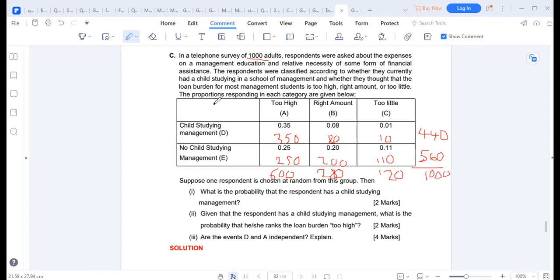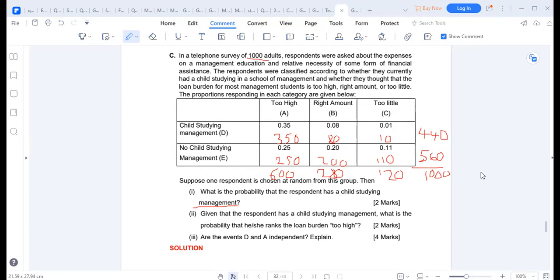Yes. Then the letters A, B, C, D, E. What is the probability that the respondent is studying management? Management is D. Whenever you're asked to find the probability of, say, 3 girls and 7 boys, the probability of picking a girl is 3 out of the total pupils, which is 10, which is 30%.